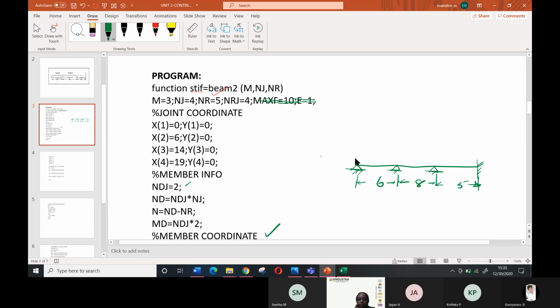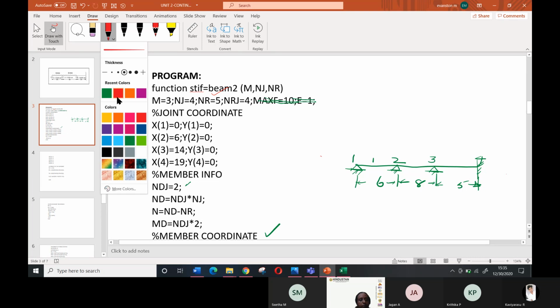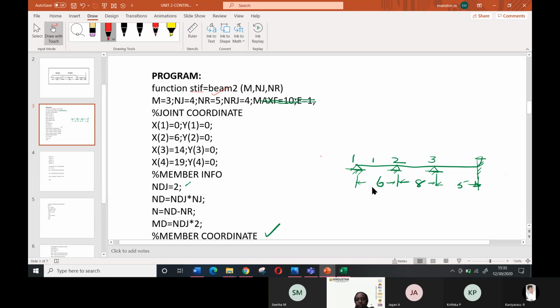Now how did I number it? I numbered joints 1, 2, 3 and 4. I'll take another color. This is the first member, this is the second member, this is the third member.